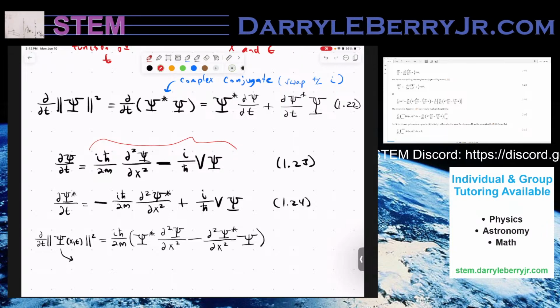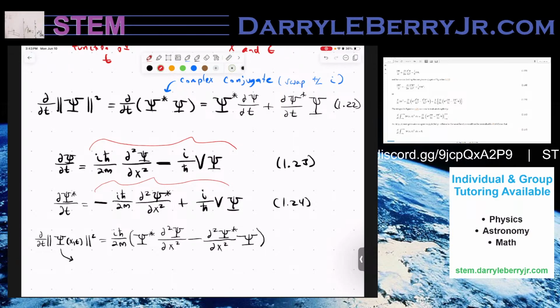So we need to find the psi that solves this equation. And whatever the complex conjugate of psi is, we need to find it such that negative i h bar over 2m, the partial derivative of the complex conjugate of psi with respect to x squared, plus i over h bar V psi is also met.